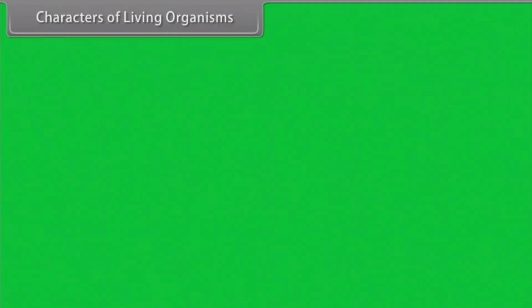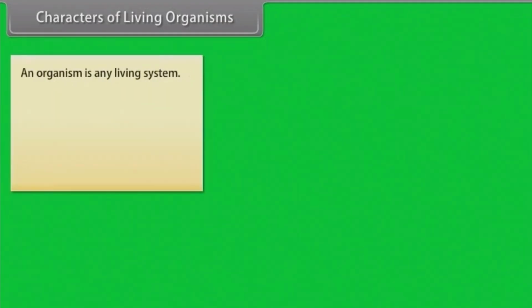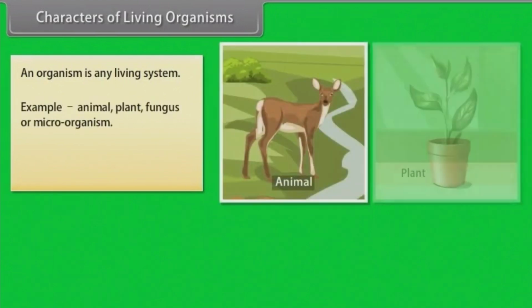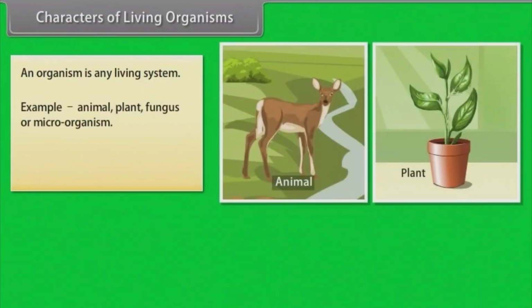Characters of living organisms. An organism is any living system, for example, animal, plant, fungus, or microorganism. All the living things are called organisms.